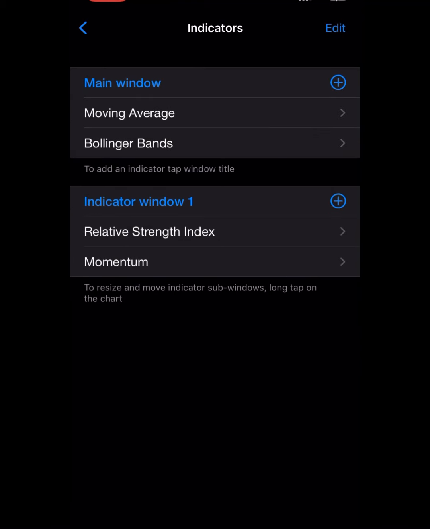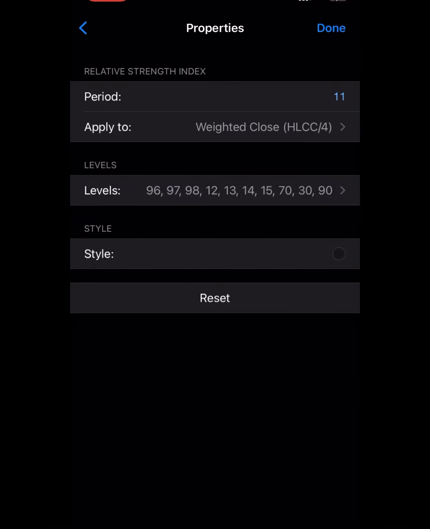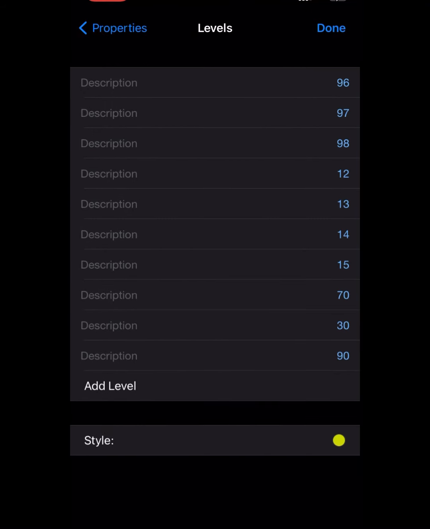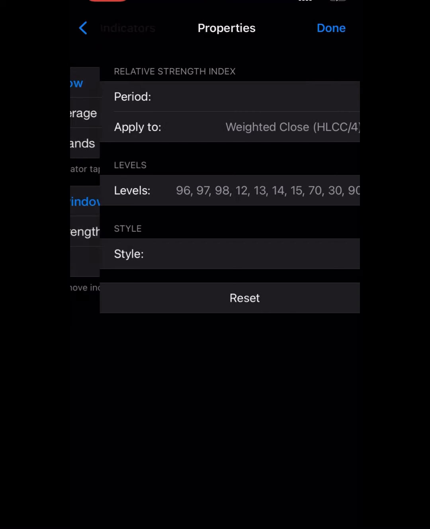All right guys, then under the indicator window one, you've got relative strength index to be 11, apply to close, HLCC, weighted close, HLCC/4. Then under your levels, you've got 96, 97, 98, you've got 12, 13, 14, 15, and then you've got 70, 30, and 90.